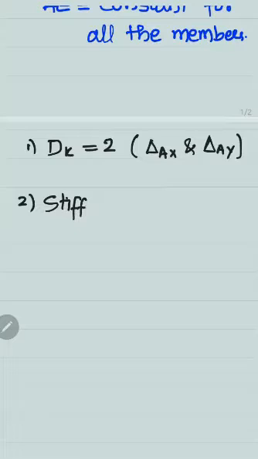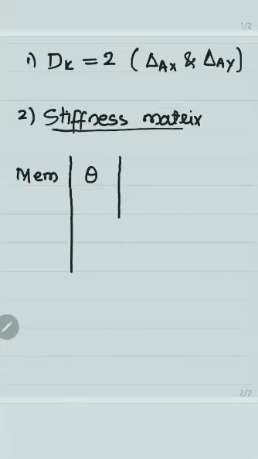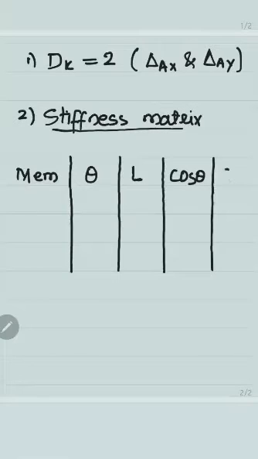Stiffness matrix. To develop this stiffness matrix, I will tabulate the results. You have three members here, so you require the member, theta, and AE by L. AE is constant, so L is variable here for all the members, so I will take L here. Next, cos theta, sin theta.